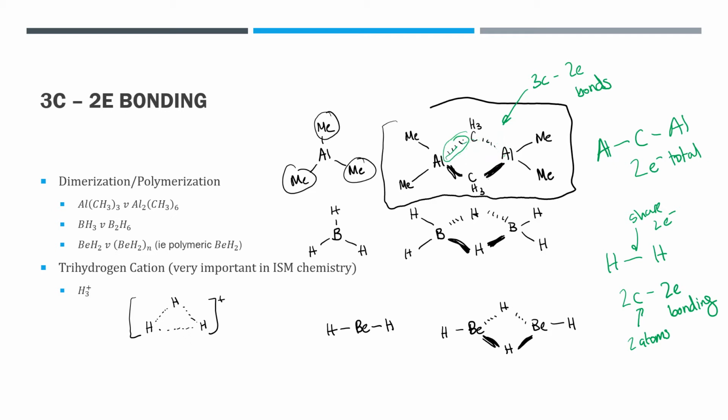So these aluminum carbon bonds are also called a bridge bond. Sometimes you might see it called a bridge bond. You can see that there's just one long bond that 3 atoms are interacting in, sharing 2 electrons. And that same thing is happening on the bottom, where we have 3 atoms sharing 2 electrons.